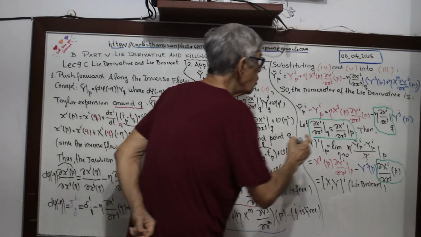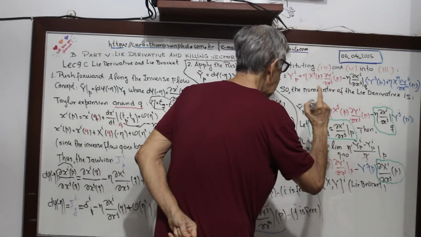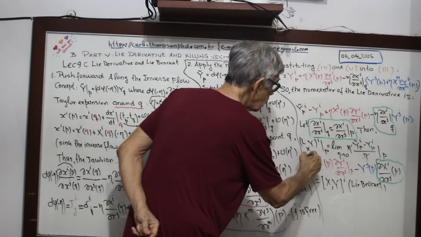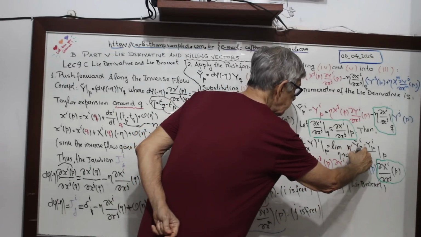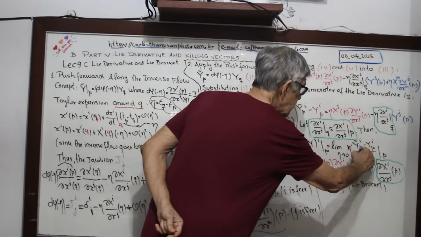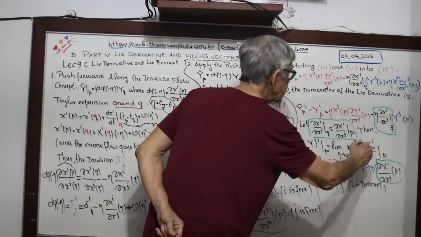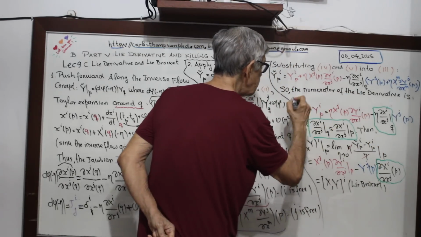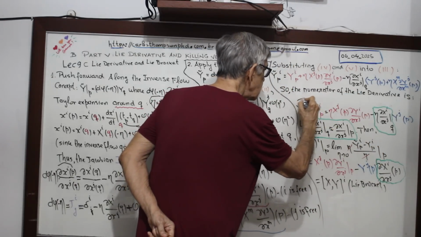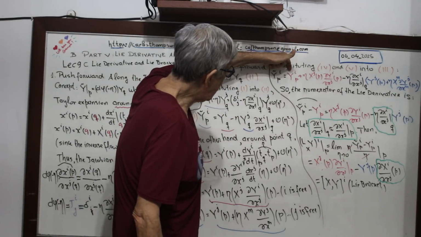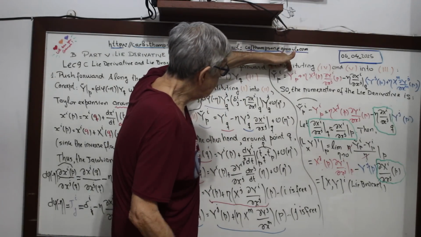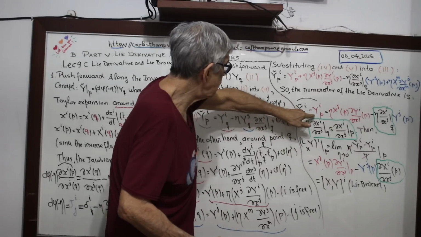So the numerator of the Lie derivative, don't forget the definition of the Lie derivative: the numerator is y at p minus y tilde at p. I can obtain this numerator here, just plugging yi at p to the left-hand side over here.